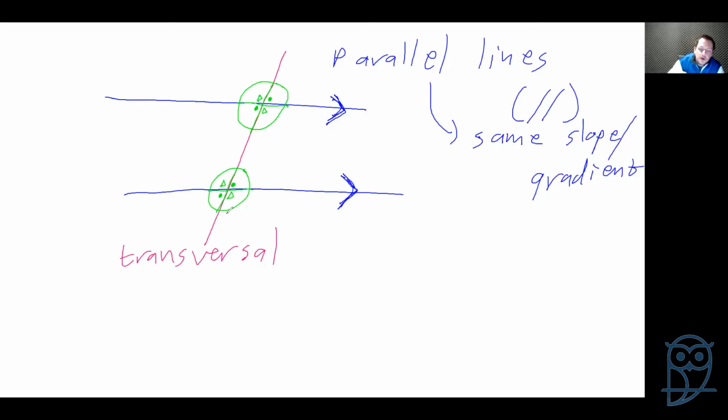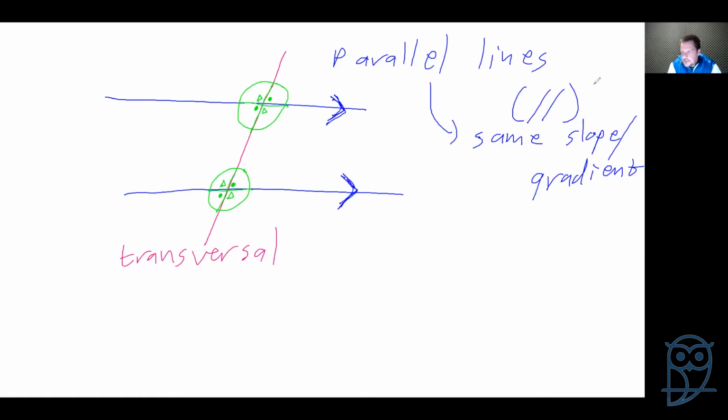And more importantly, I've used the same symbols because these angles are actually equal to each other. Because the way that this transversal cuts this one line is the exact same way that it cuts this line, because these two lines are essentially equivalent lines, just in a different place.